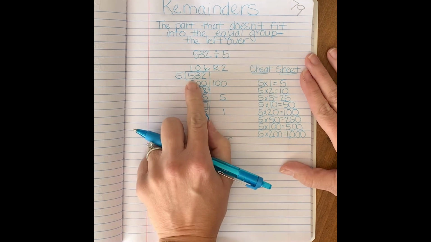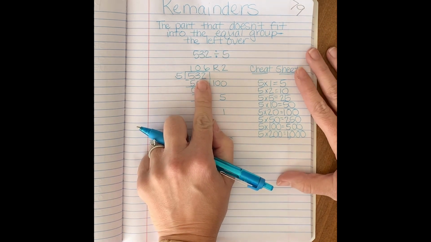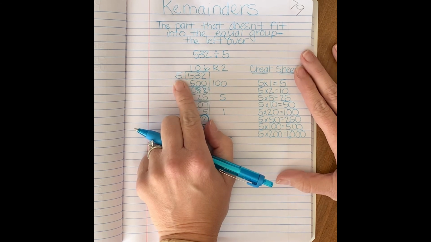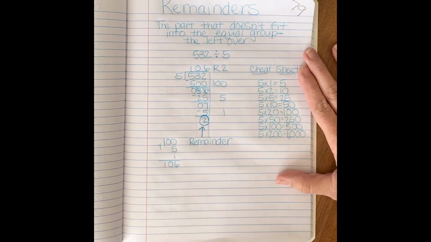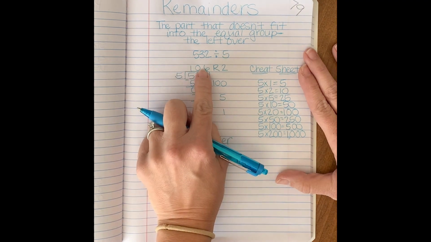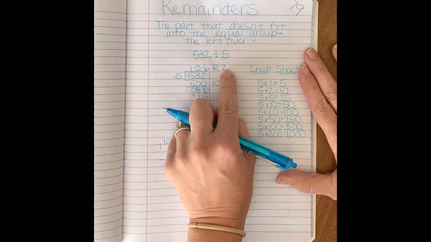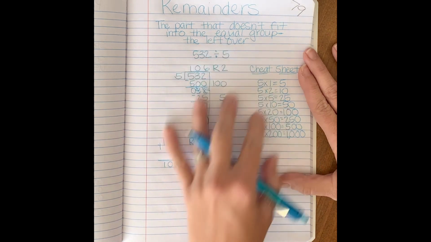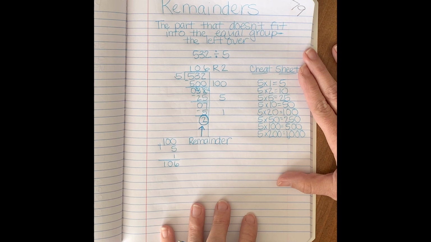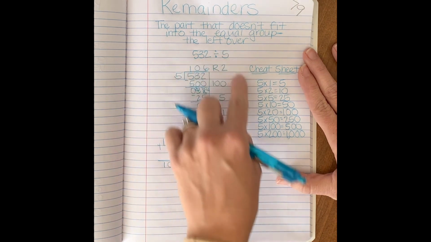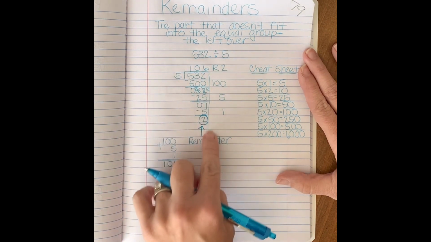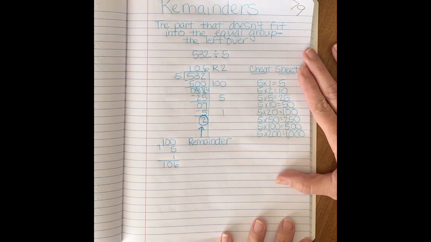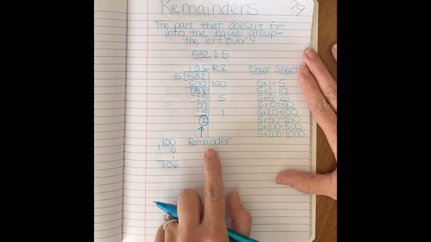If we had 532 cupcakes and we needed to put them in 5 boxes equally, we could put 106 cupcakes in each box, but 2 cupcakes could not go into a box. And we'll talk more about interpreting our remainders on Wednesday, but for today, we're just seeing what happens with this number when we can no longer get our money. This is the remainder.